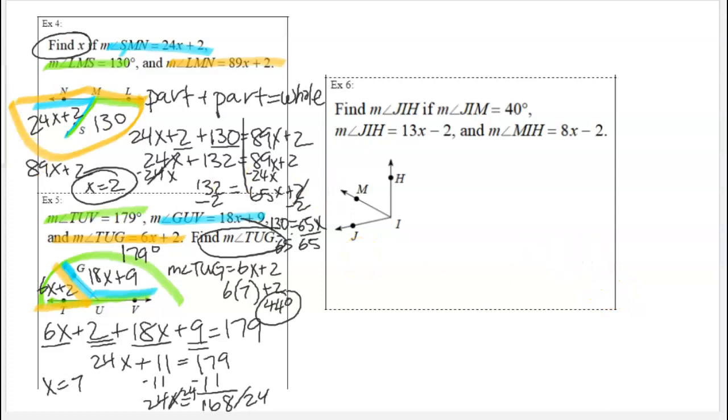Alright, and we made it to our last problem. Find the measure of angle JIH. So again, we're going to be substituting, plugging in on this one. Measure of angle JIM is 40. Measure of angle JIH is 13x minus 2.